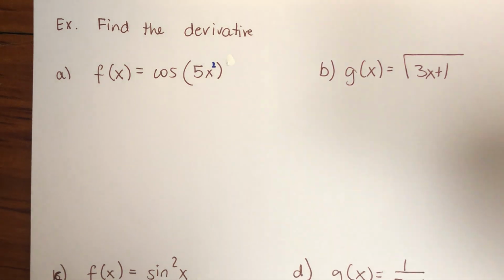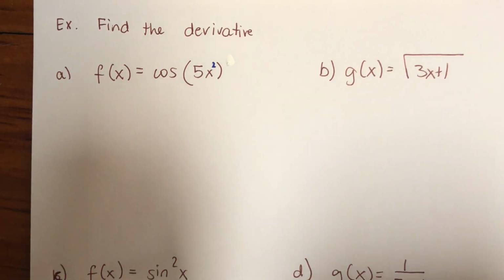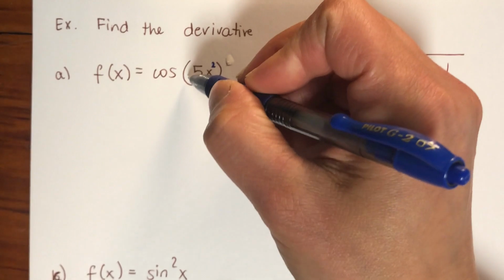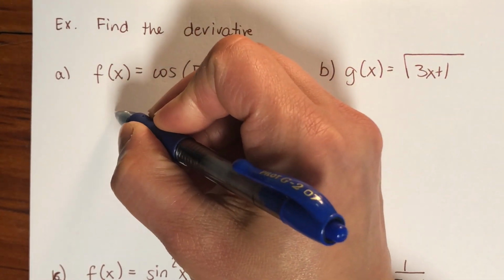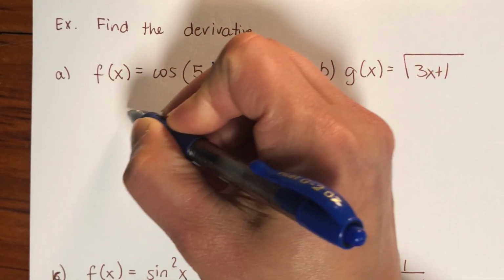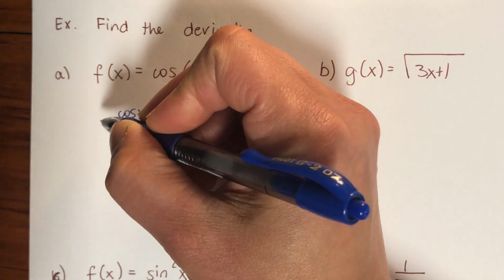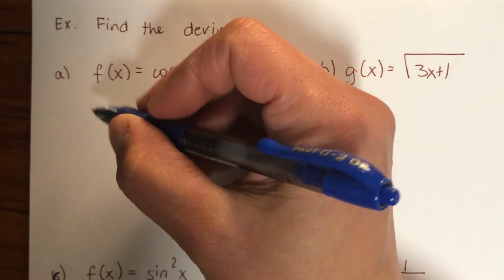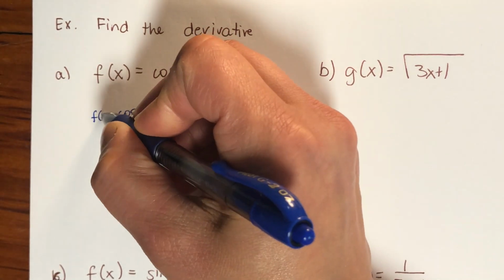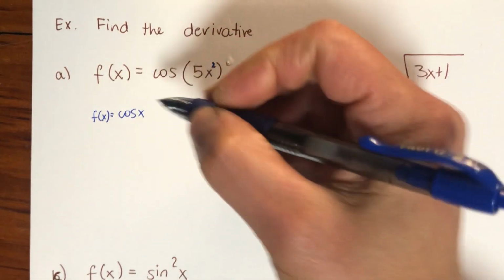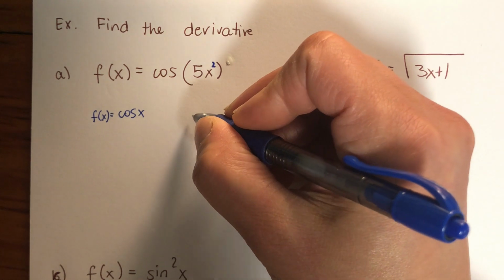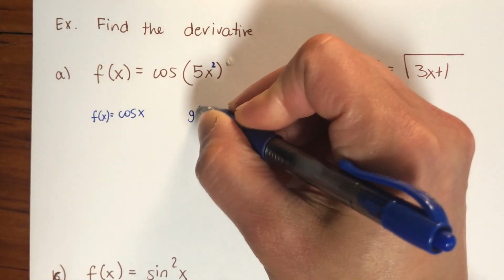So if I have cosine of 5x squared, notice that I am going to take, and careful here with notation, my cosine of x is going to be my f of x function, and my g of x function will be what is inside.